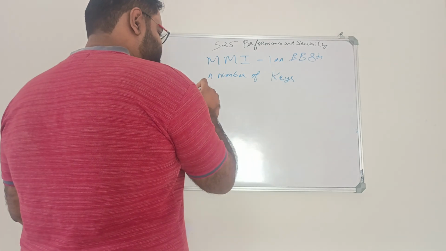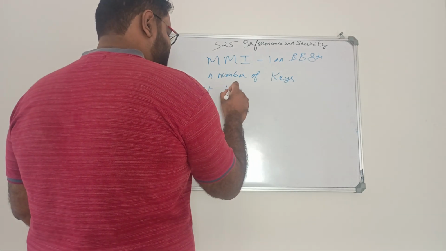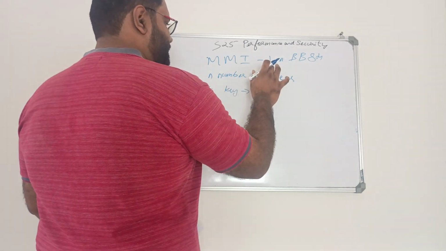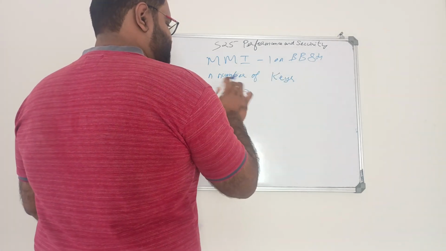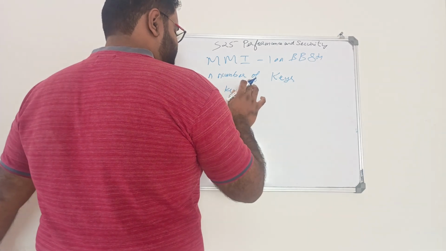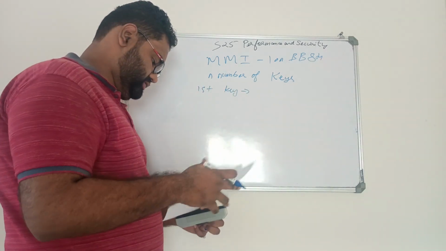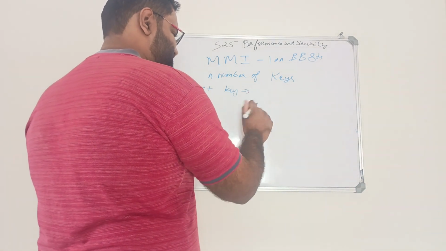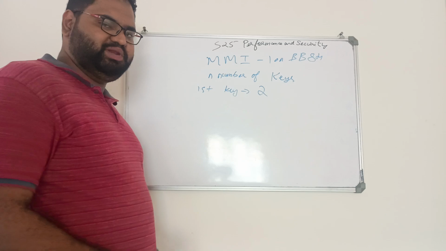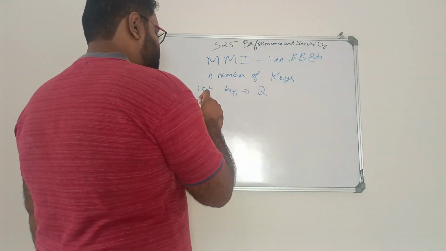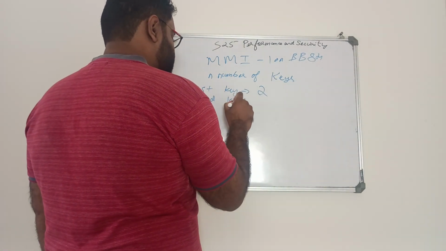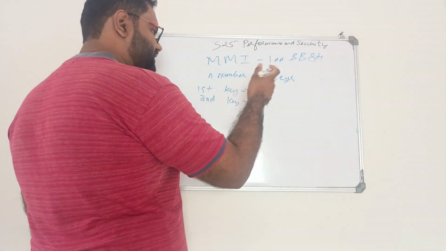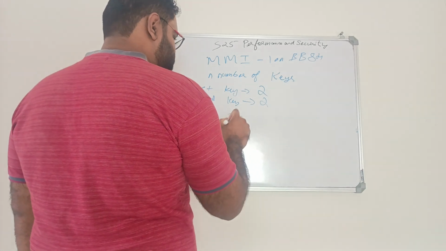On the first key which is sent, there is one bit of ambiguity, which means there are two possible cases. On the second key, again two possible cases, and so on. So essentially, the number of keys that I'm going to be looking at is going to be 2n.